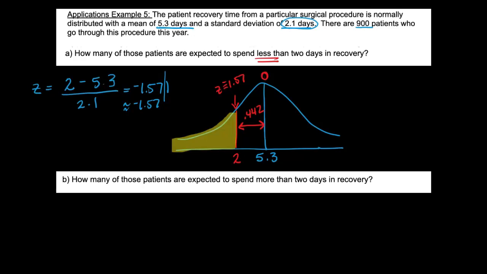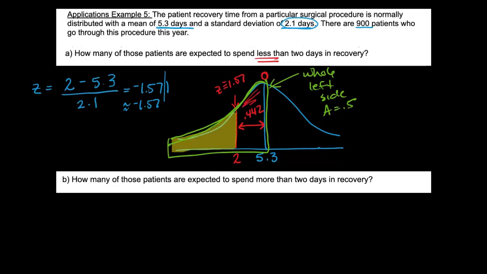And so what I'm going to have to do here is subtract, knowing that the entire left-hand side of the curve, so the whole left side, has an area of 0.5. So if I subtract 0.442, which is this area that I don't need, then I can get the area that I do need.